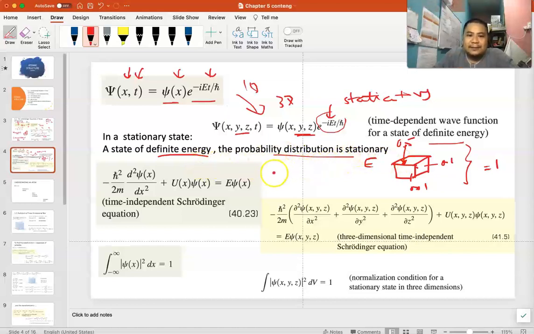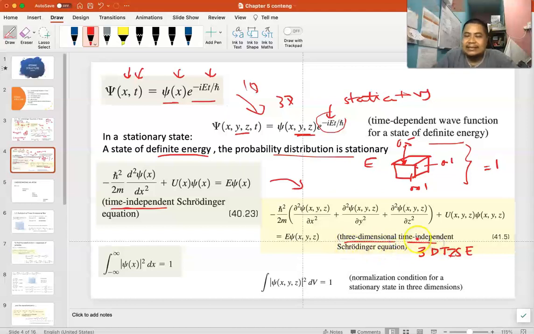Alright, so by considering that stationary state, we can change from the time independent Schrödinger equation into the time independent Schrödinger equation, but 3D. So 3D time independent Schrödinger equation. Panjang lah. Okay, type 3 dimension.